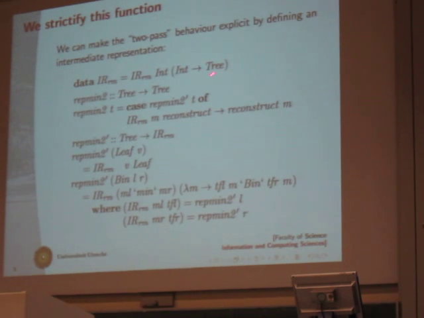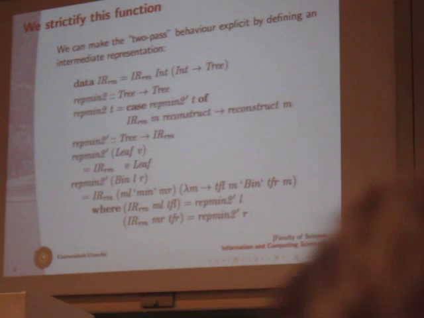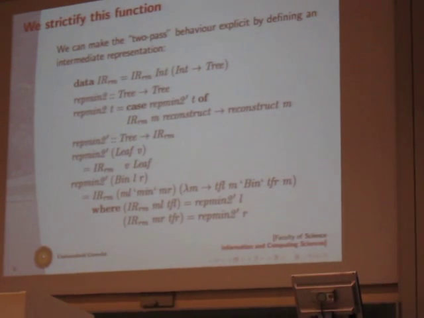So this function which I'm returning, this RepMin 2, says walk over a tree, I compute the minimal value m, and the function which is called reconstruct, which remembers the shape of the original tree. Then I pass this m, which is computed here, to this reconstruct, and it reconstructs a tree of the same shape as the original tree, with this minimal value in the leaves. So this code is kind of boring.